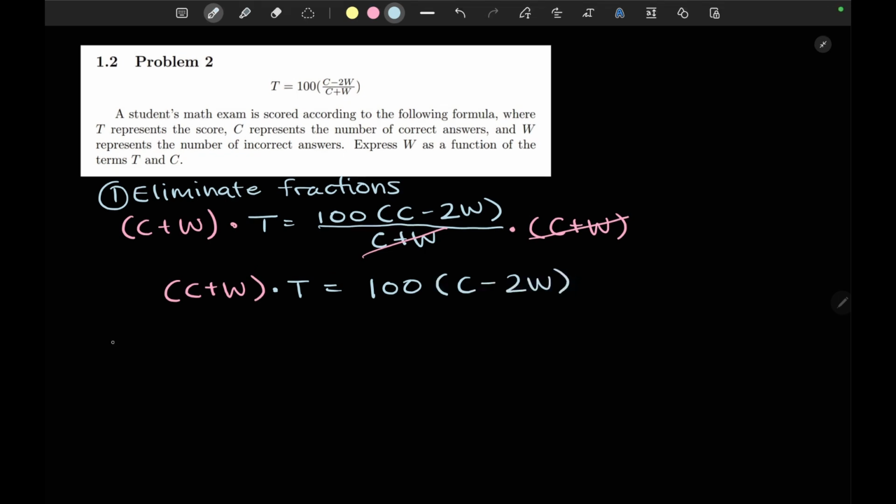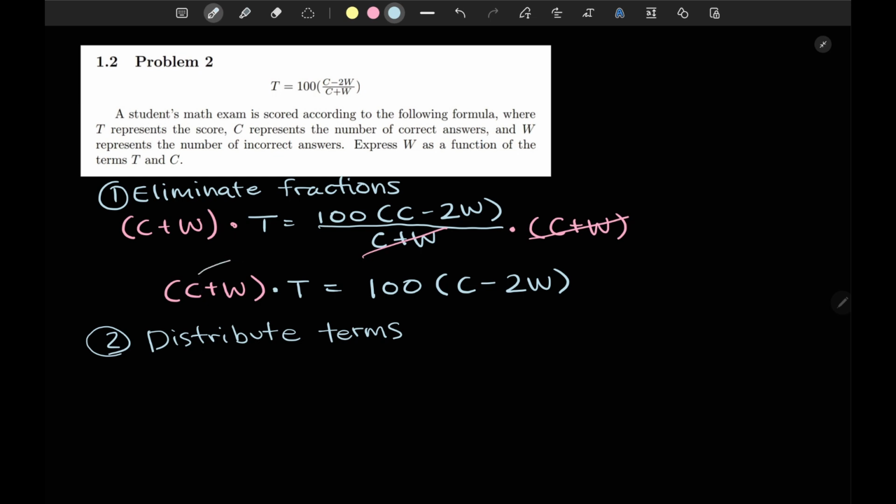Now, the next step that we're going to take is to distribute all of our terms so that we are eliminating all of these parentheses. So I'm just going to change this red. I'm going to use blue from now on.